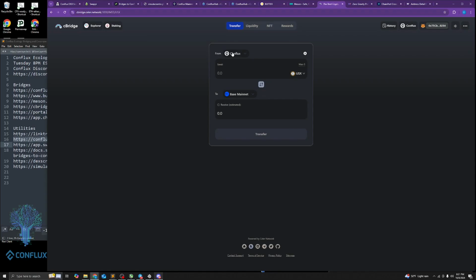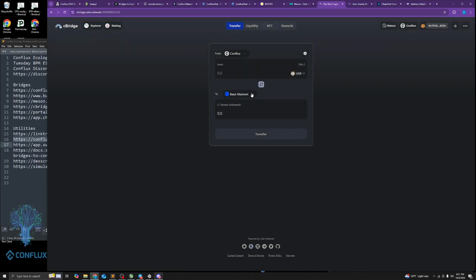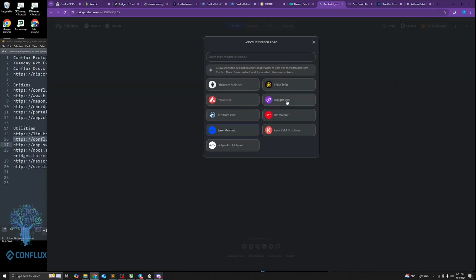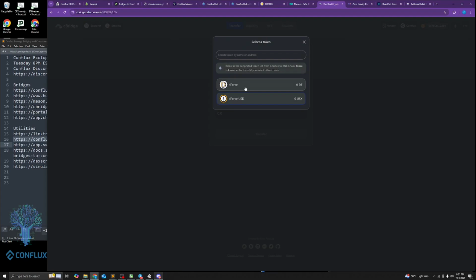Oh, it's filtering on Conflux to Base. So if I want to go to Base, I can use the USX stable token from Unitas, or I can check the other options like BNB. Let's see what options that gives us.